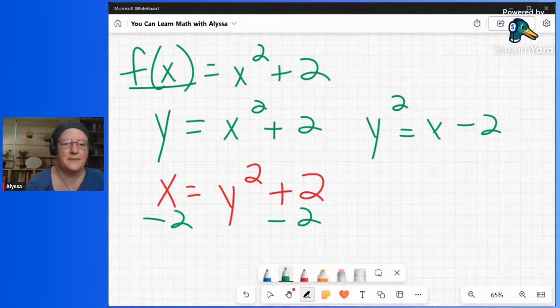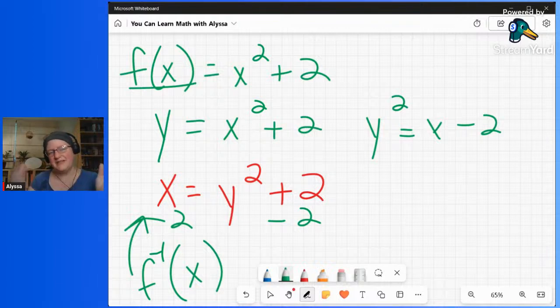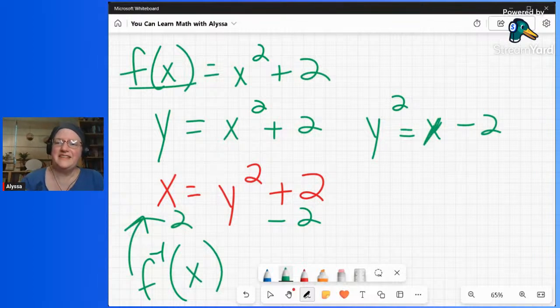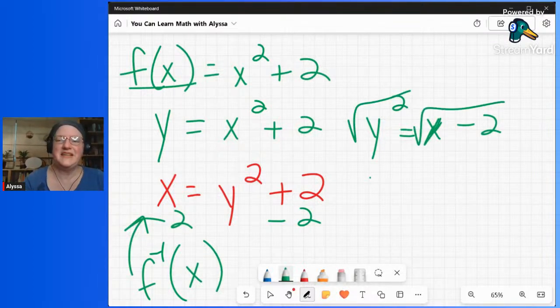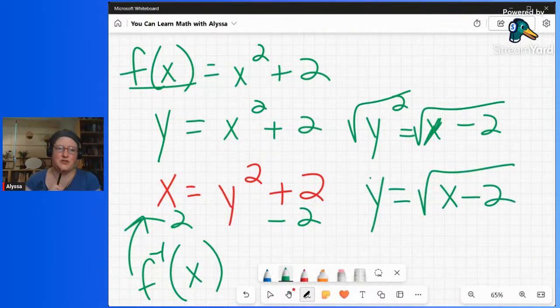This is going to end up being the inverse. Yes, that is what we're doing. But I find that when you plug in the y for the f of x, it makes the process easier when you're swapping. Sorry about that, I misunderstood you. Okay, so y squared equals x minus 2. Take the square root of both sides, and y equals the square root of x minus 2.